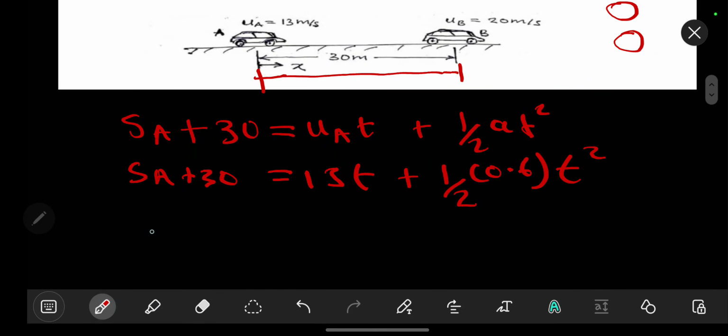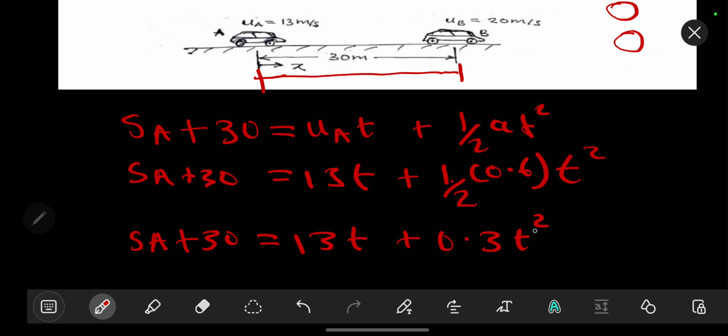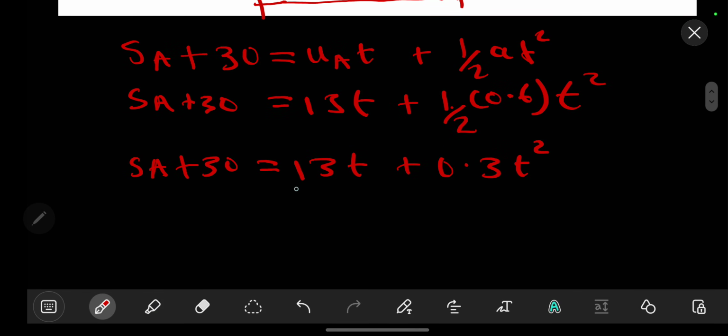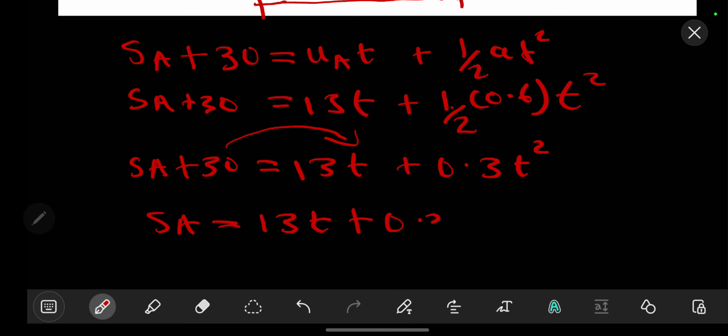So SA plus 30 should be equal to 13t plus half times 0.6, which gives us 0.3t squared. Then let's take the 30 to the other side. So our SA should be equal to 13t plus 0.3t squared minus 30. So this is our equation number 1.